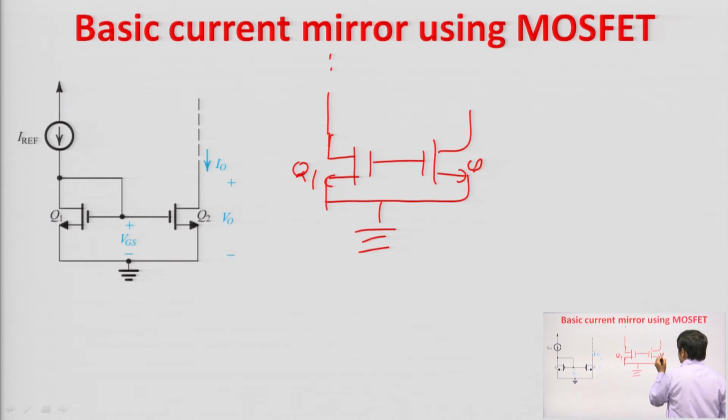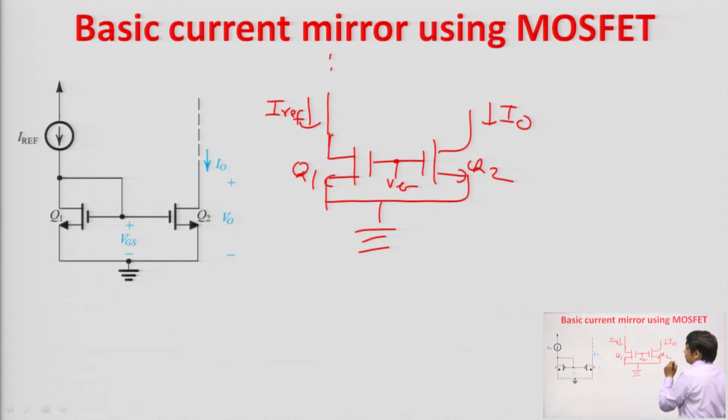So, we will give some bias voltage at the gate of Q1 and Q2, let us say it is VB. Now, if there is a change in I reference current here, then how will this output current I naught change?